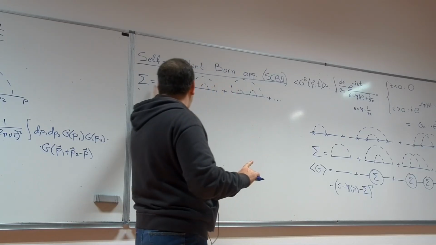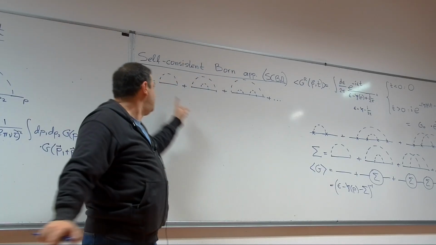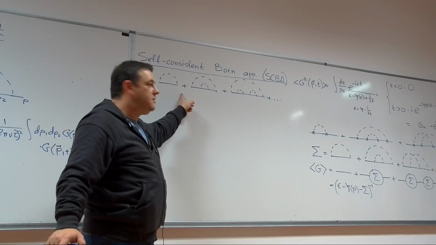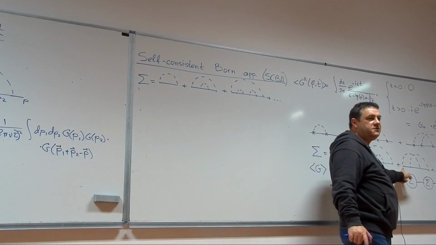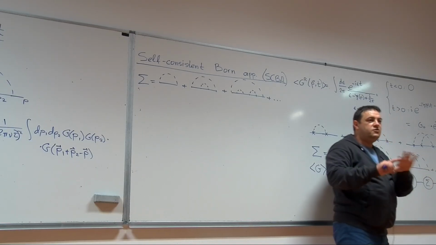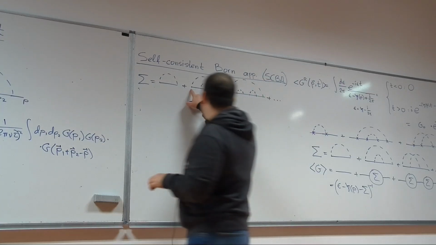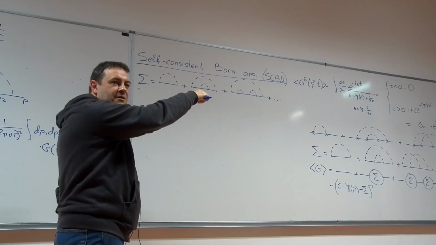All these diagrams have one dashed line that goes all the way around from the initial point to the final point. For example, this diagram is not like this. I don't have a single dashed line that goes from one end to the other because I have a crossing. But if you don't have a crossing, whatever line starts here will be the last one that ends there.